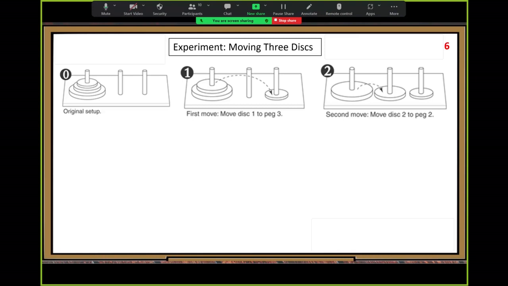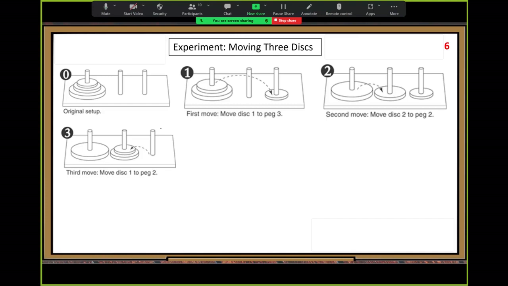But we can make room for the bottom disk, right? So we can move the smallest one to peg number 2 to leave an empty peg for the bottom disk. This peg number 3, we treat it as our destination peg.